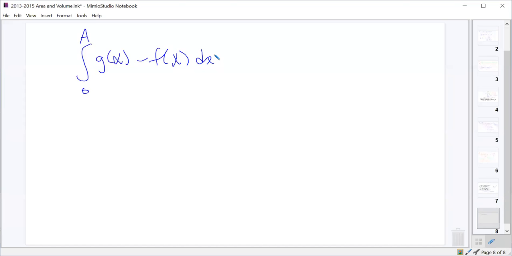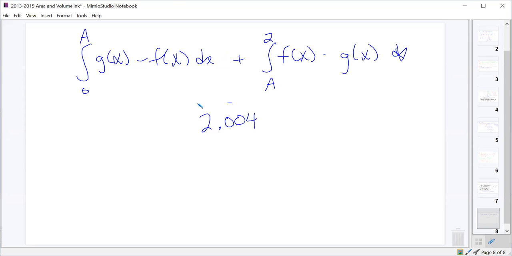And like I said before, you don't have to actually write the functions in there because they've defined them. And then we're going to go from A to 2 of f of x minus g of x dx. And it should have come out to be, this time you can round it at the end, 2.004.